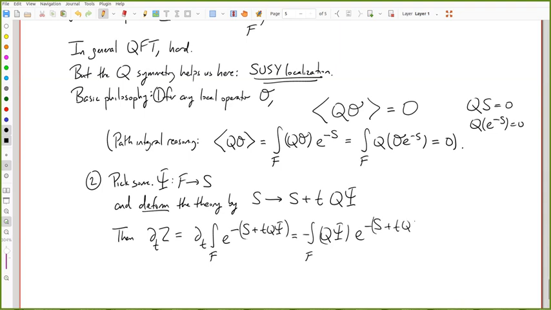And now, what's that? Well, that's the expectation value of the operator Q psi. But now, crucially, this new action S still conserves the Q symmetry because Q squared equals 0.